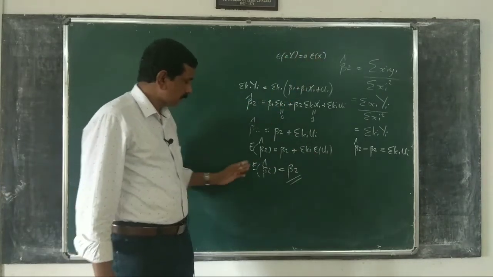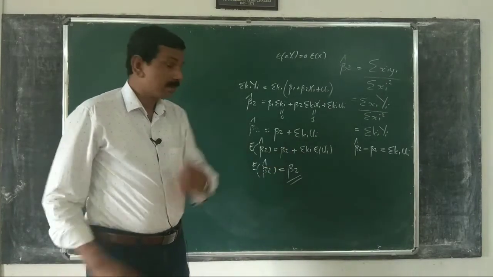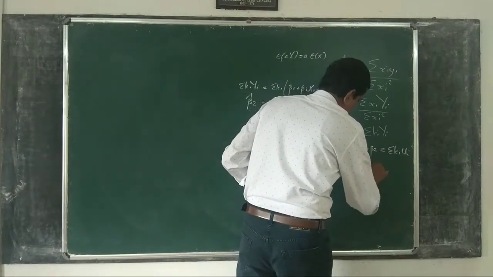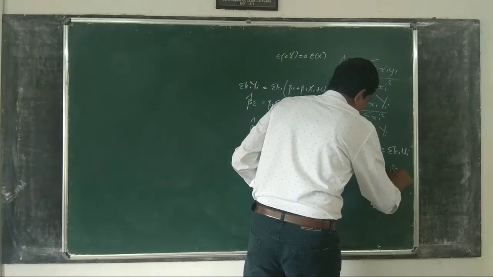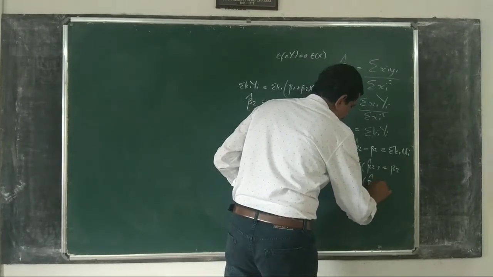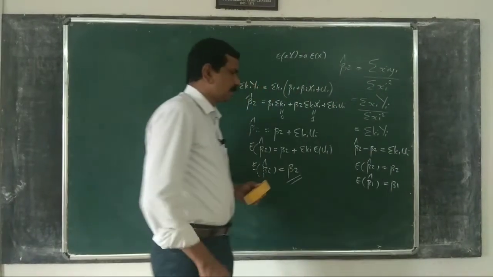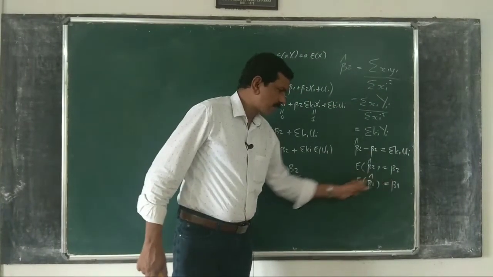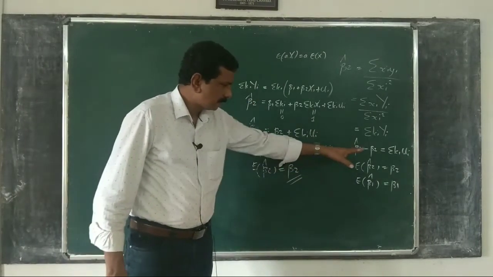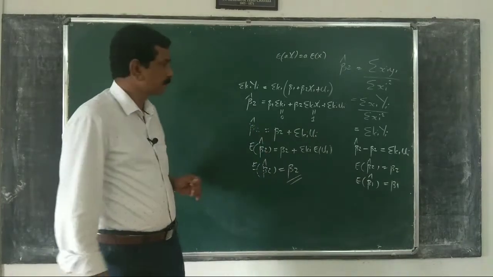So we have expected beta 2 hat is equal to beta 2. And similarly, we can prove that expected beta 1 hat is equal to beta 1. This is given in all the books, it's not required. We need to prove only expected beta 2 hat, the other is automatically satisfied.